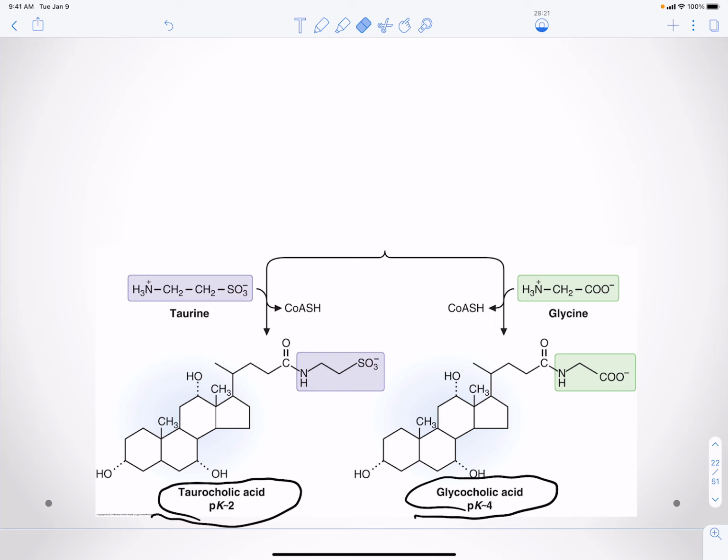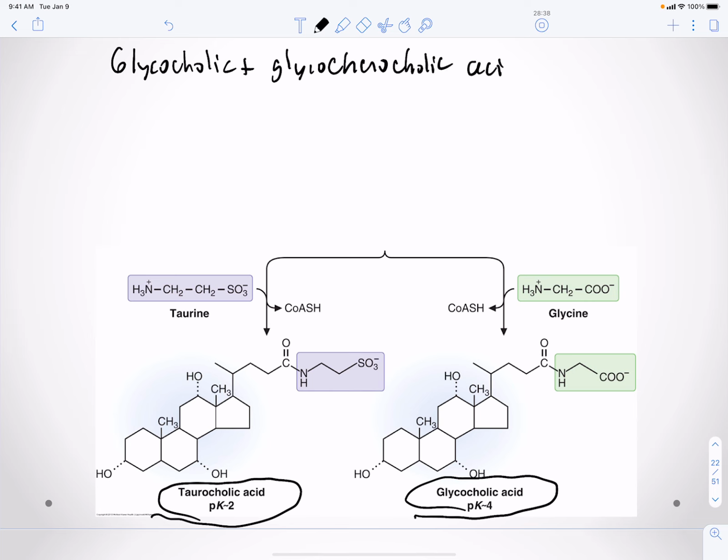Okay, so with respect to our glycocholic and our glycochenocholic, you have a higher percentage present in the ionized form in your intestine at the pH of 6.